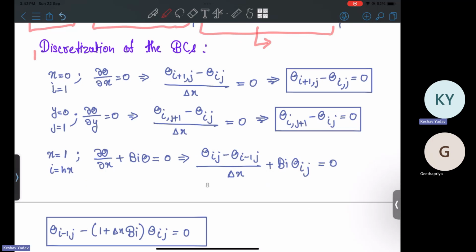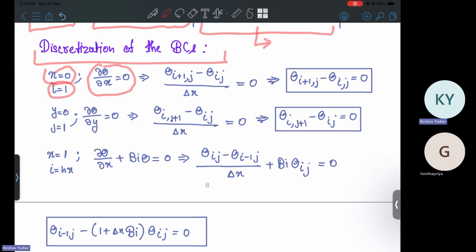Now let us discuss the boundary conditions. So the boundary condition at x equal to 0, means i equal to 1, we have del theta upon del x equal to 0. Suppose this is my domain, and this is my x equal to 0 line.